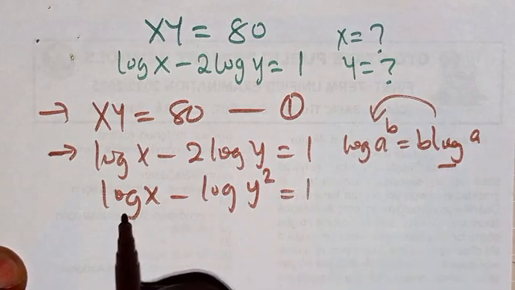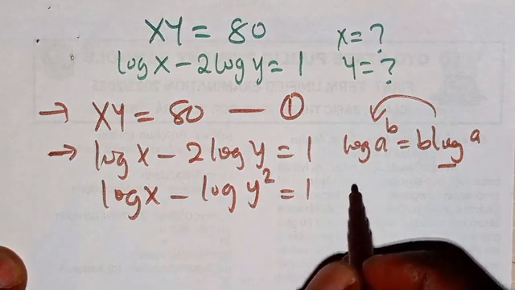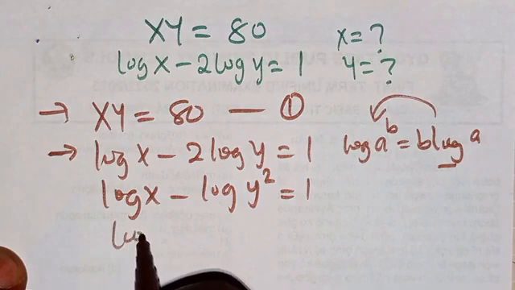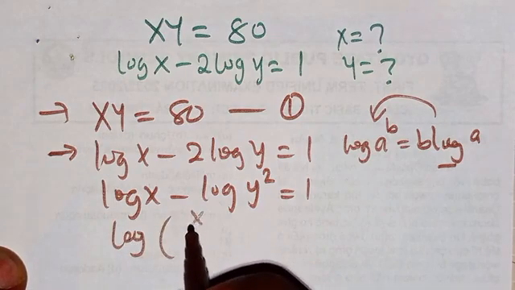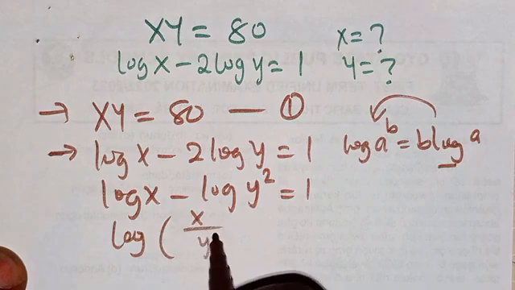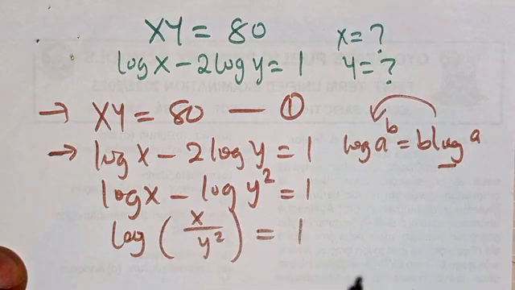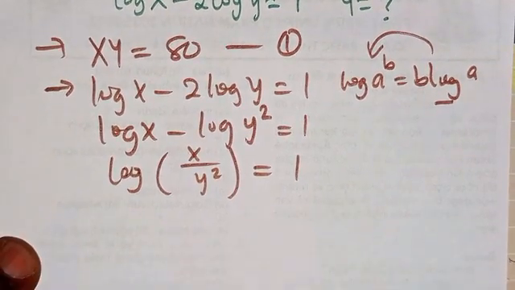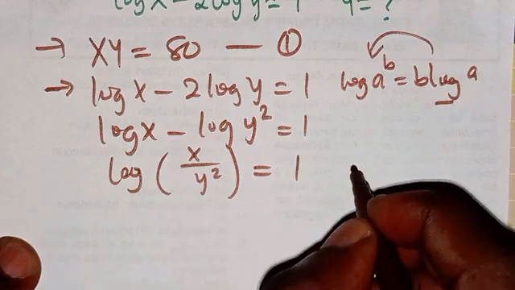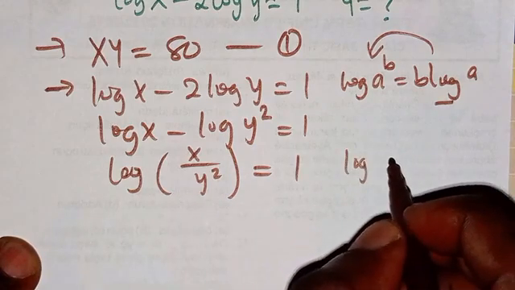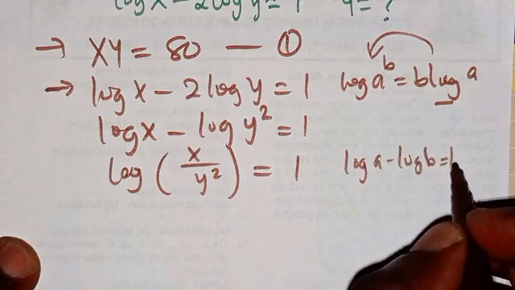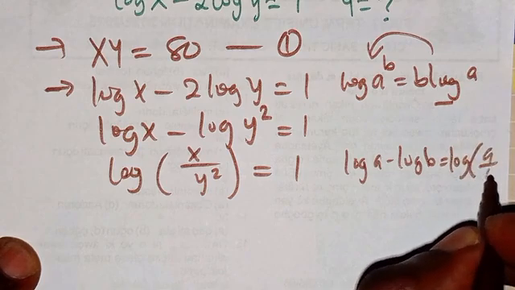Now from here, we can see that this is going to be log of x over y squared, equals 1. That is from the law of logarithms: when you have log a minus log b, this is going to give us log of a over b.